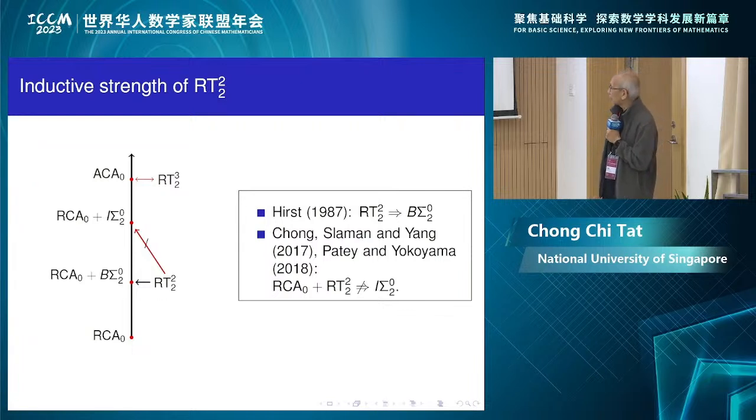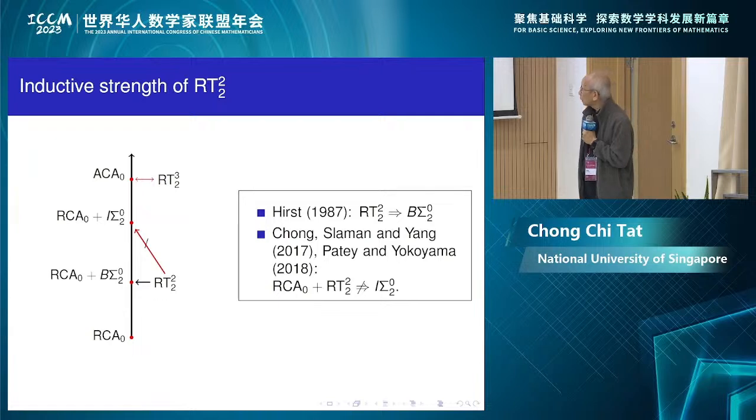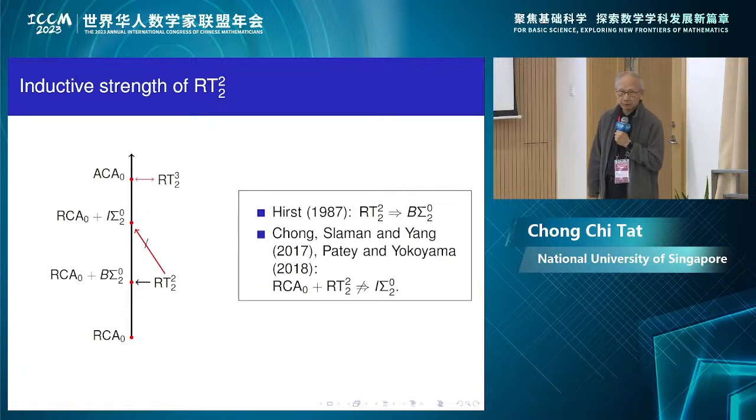That means that there's a mathematical statement that involves only two quantifiers, right, which cannot be true in the model of Ramsey's theorem for pairs. And this result was independently shown by Patey and Yokoyama just around the same time in the following year using a completely different method.